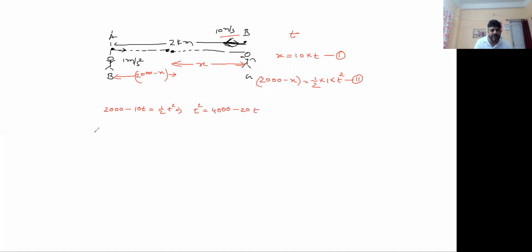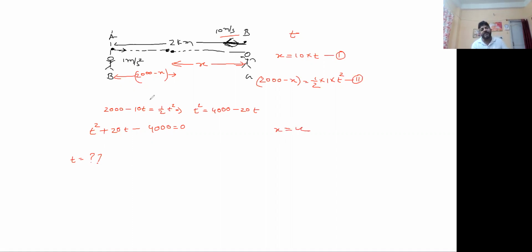That means t square plus 20t minus 4000 equals 0. Can we write this? So I can easily get the value of t from the quadratic equation. Yes or no? Once I get the value of time, we can easily get the value of x.